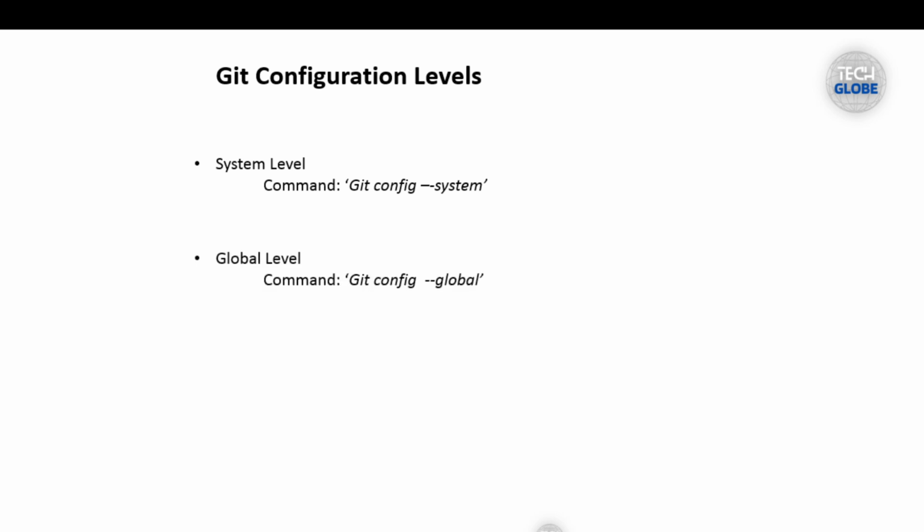Then you have the global level, the global configuration. Apart from the system level, you could have global configuration for your file. The global configuration is available for the current user for all projects.